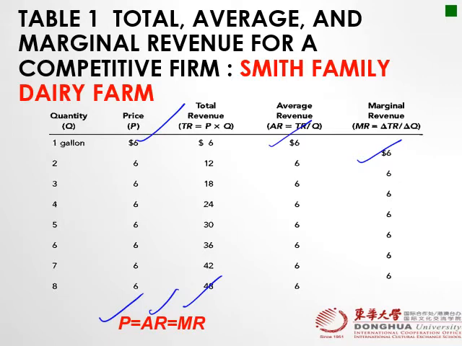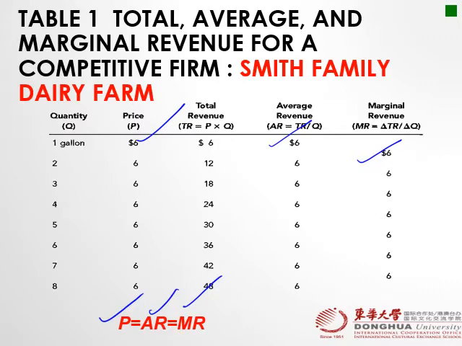So where did this 6 come from? 12 divided by 2. Where did this 6 come from? 24 divided by 4. Where did this 6 come from? 48 divided by 8. The answer is 6, right? So in that way we have proved that the price is equal to average revenue.